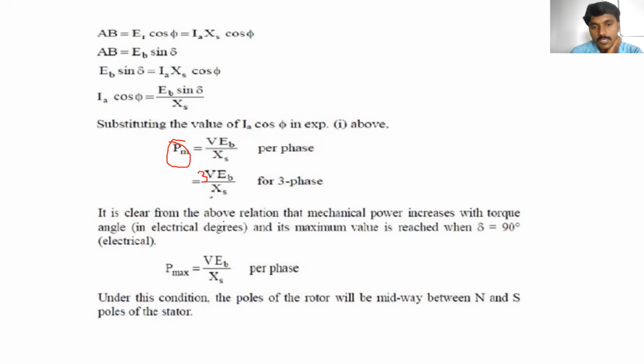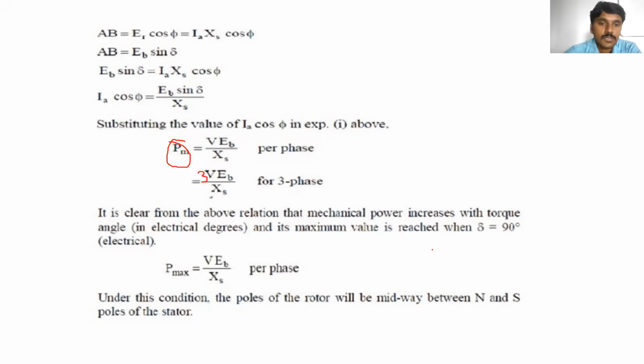It is clear from the above relation that mechanical power increases with the torque angle in electrical degrees, and its maximum value is reached when delta is equal to 90 degrees electrical.